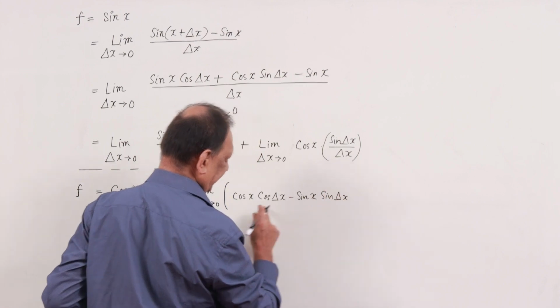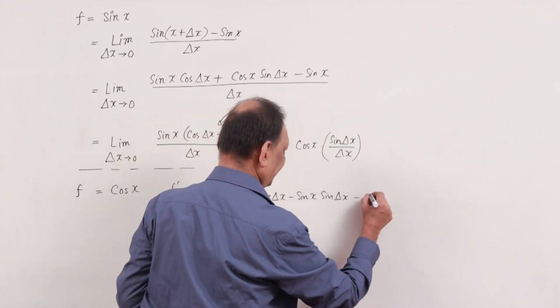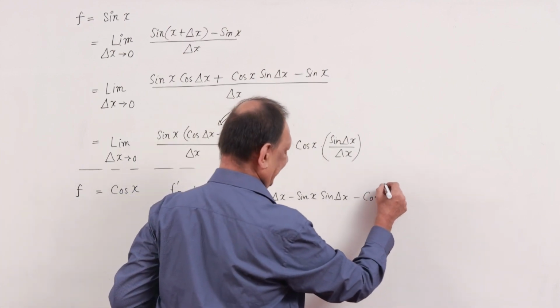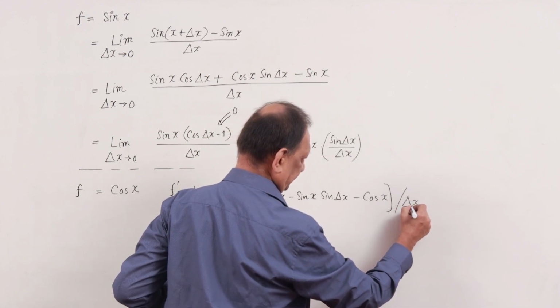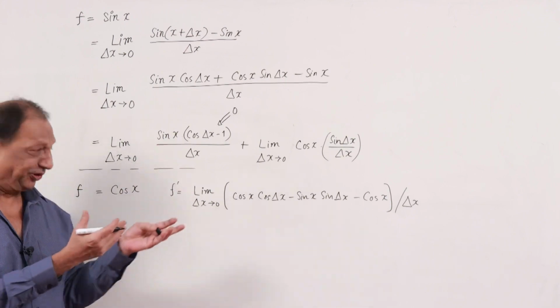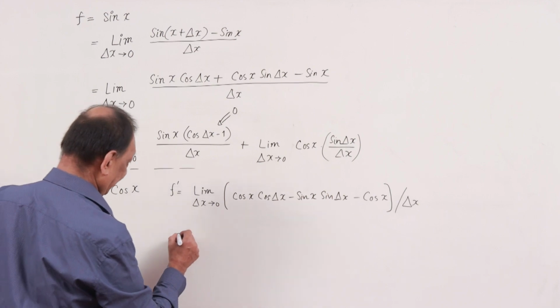Cos a cos b minus sin a sin b. So this is cos of x plus delta x minus cos x. Whole thing has to be divided by delta x. I skipped a step like Ramanujan. I don't have space on the board. No, like he didn't have paper. Doesn't matter. Equals.